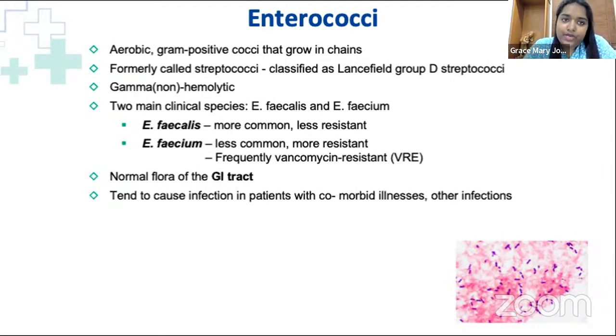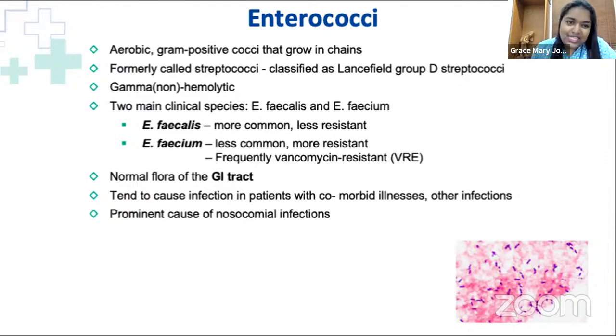Now, enterococci. Entero is gut. Okay. So where does it stay? It stays in your GIT. So whenever your gastrosurgeon goes and digs the bowel or does some procedure, this is one organism that they are scared about. So they always give a gram-positive coverage.